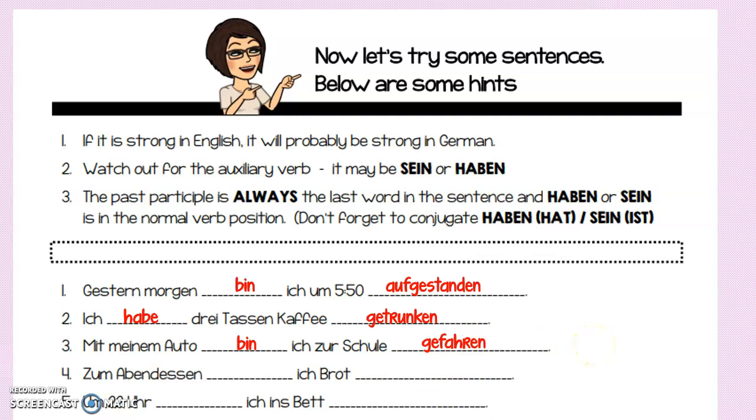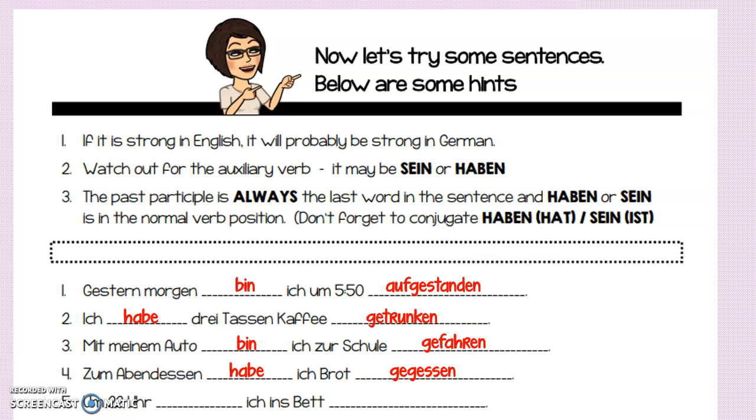Zum Abendessen blank ich Brot blank. What do you think I did to a piece of bread? I ate it. The past tense for to eat is hat gegessen. I take that hat and conjugate it for ich, and I get habe, and then the past participle goes at the end.